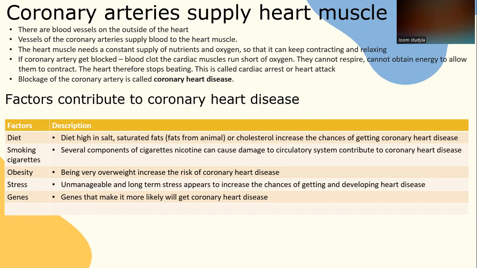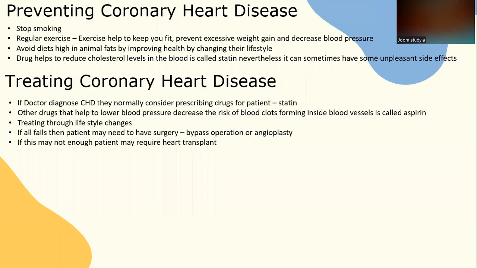Other factors are obesity and being overweight. On top of that, unmanageable and long-term stress also increases the chances of developing heart disease. And finally, there are factors due to genes, which make it more likely that you will get coronary heart disease.